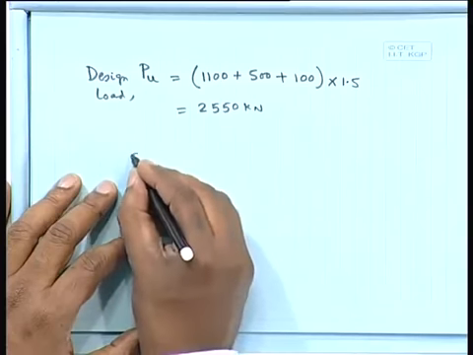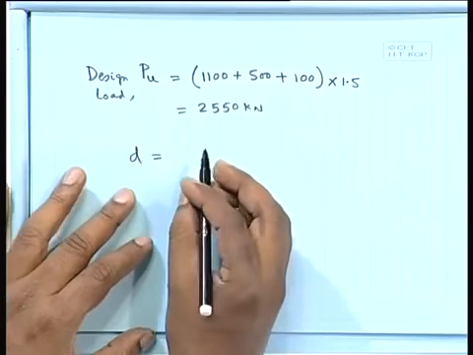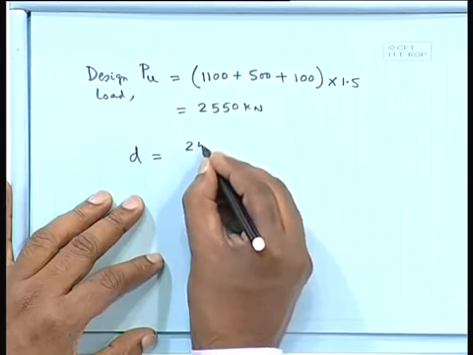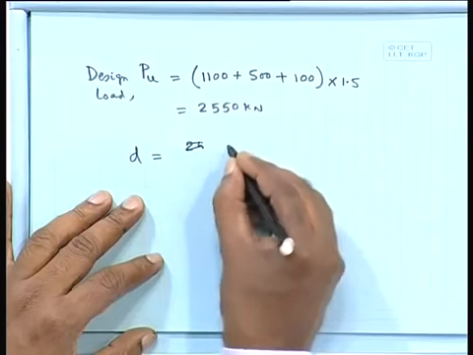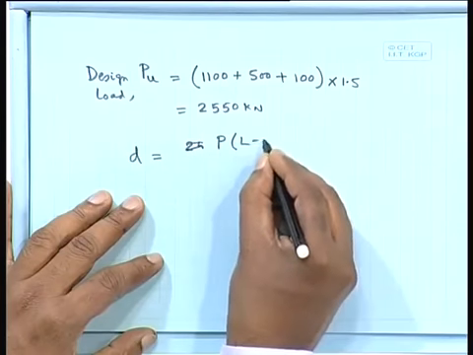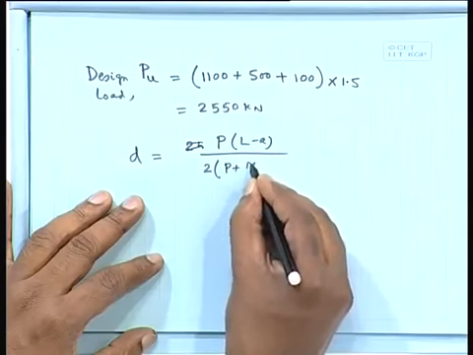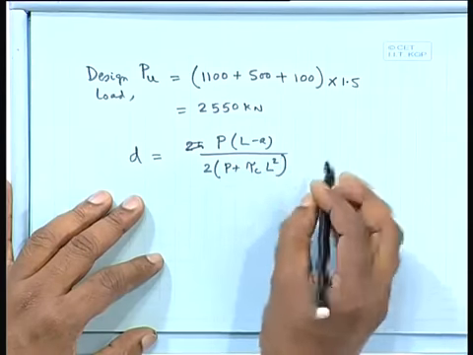Now D will be equal to P times (L minus A) divided by twice P plus tau C L square.